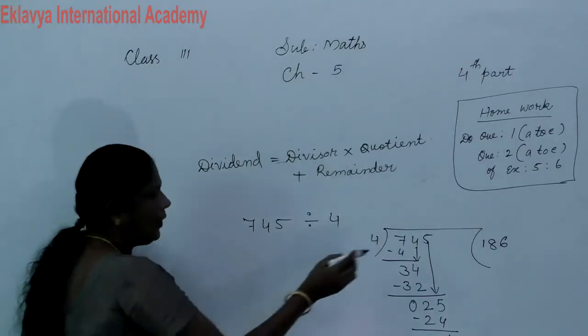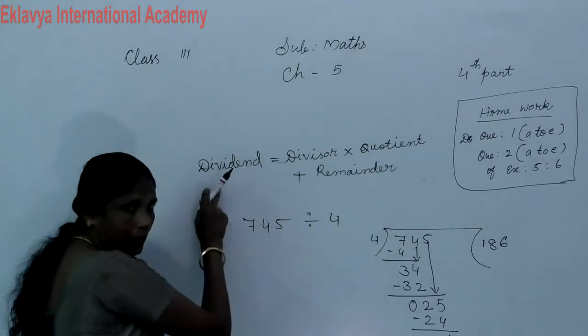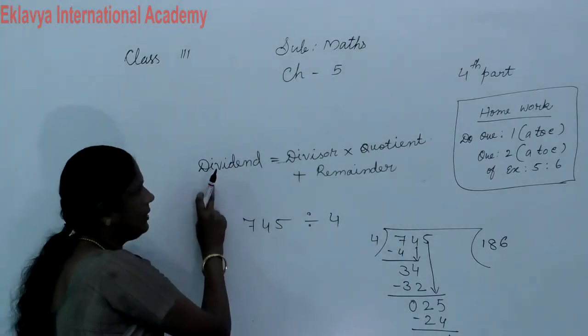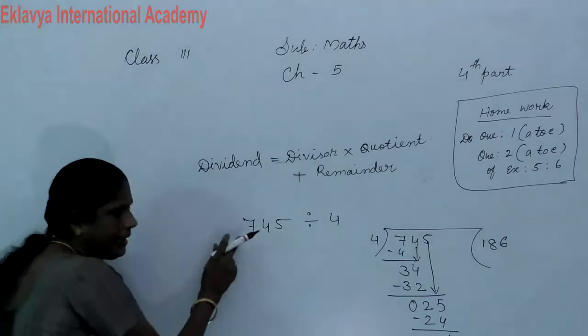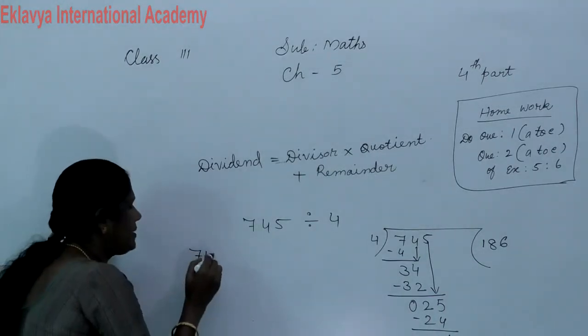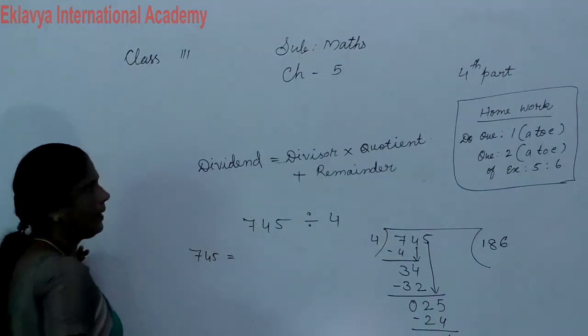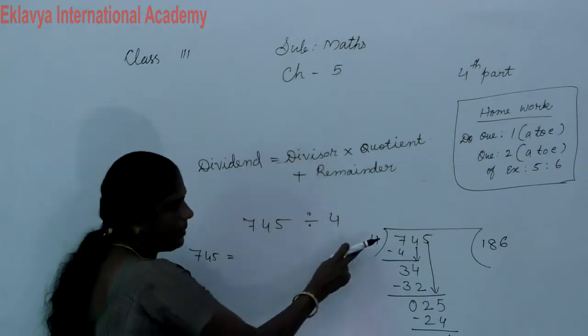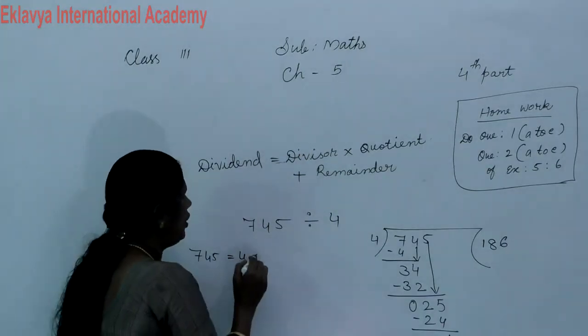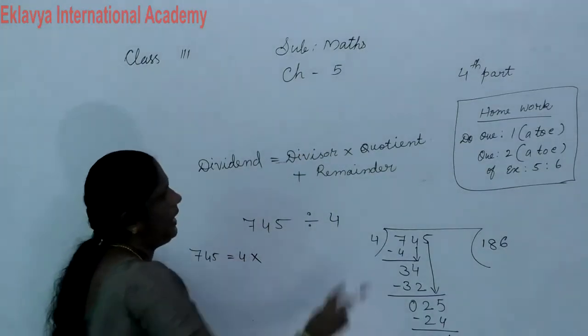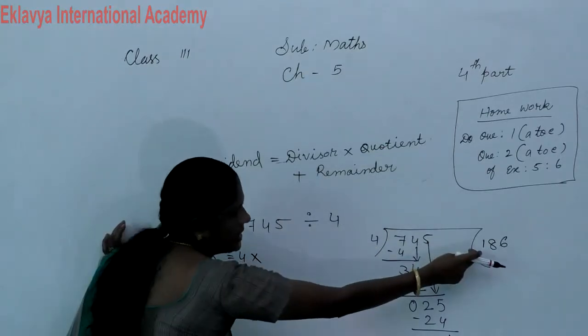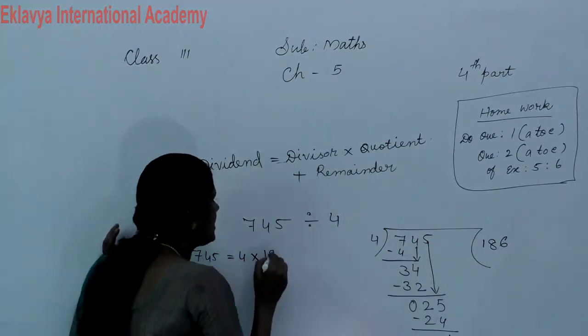Then our quotient, our formula: dividend is equal to, that is 745 is equal to divisor. Divisor means 4. 4 multiply quotient. Quotient means 186.